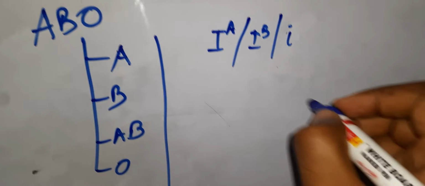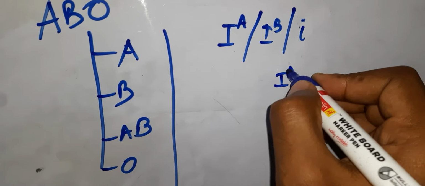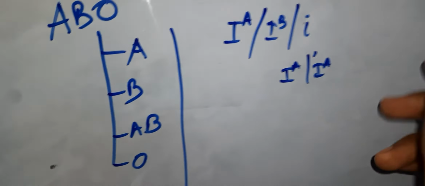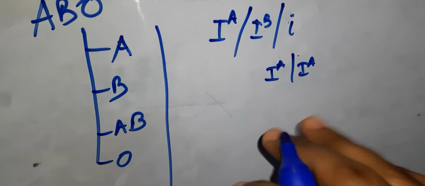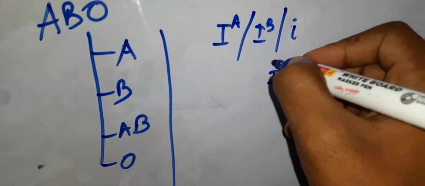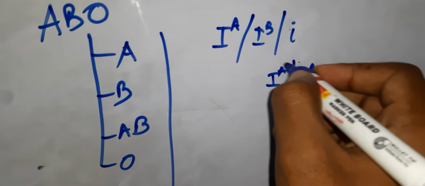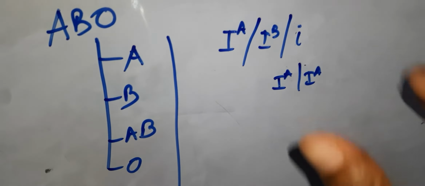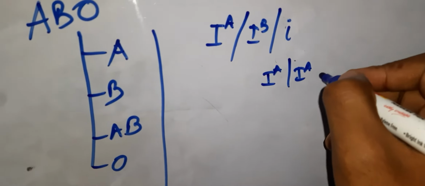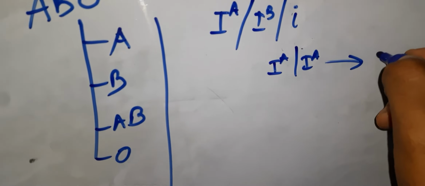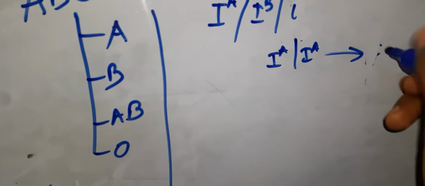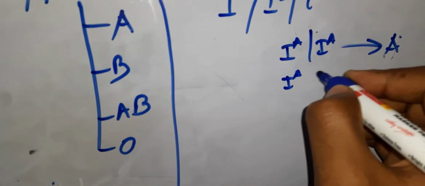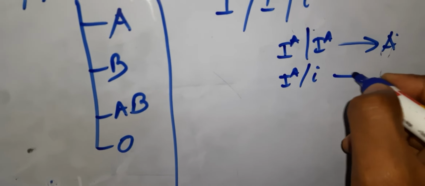So what happens, when both IA and IA are the 2 alleles from both the parents, from the father suppose IA and from mother another IA, come together to produce blood group A. It may happen in another case, that is IA and small i.